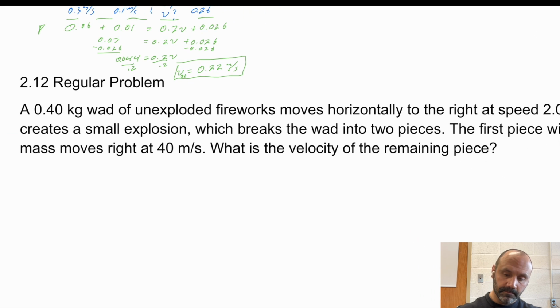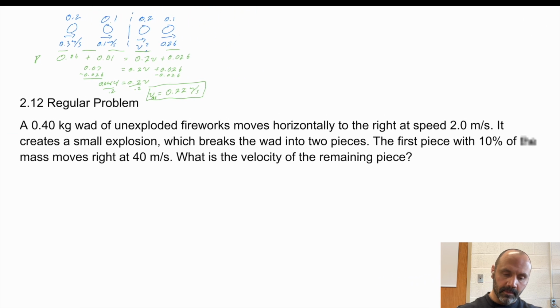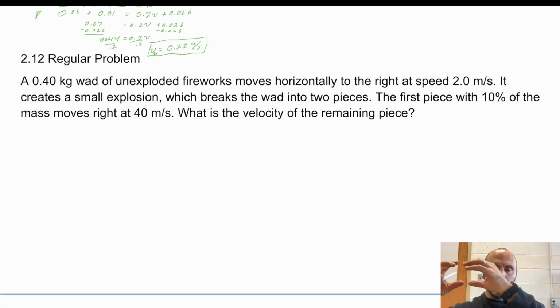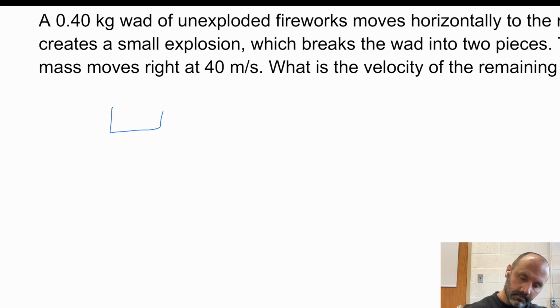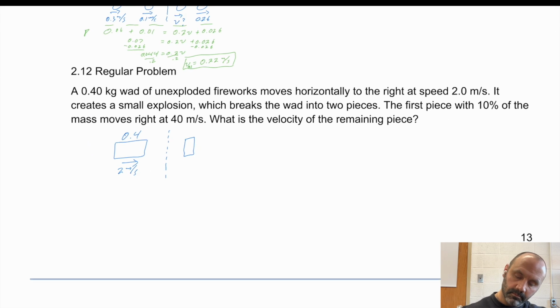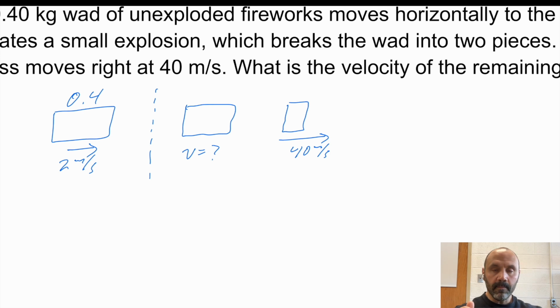So now, different situation. We have some fireworks. This thing is moving along at a certain speed, and then it explodes and it breaks into two pieces. Okay, so that total momentum that it has initially will be the total momentum of the two pieces at the end. So let's do this. The way that I find the mass, I know the total mass is 0.4 kilograms.